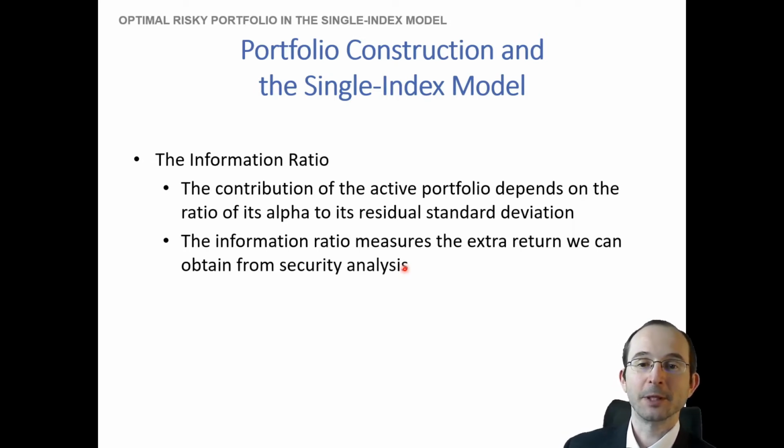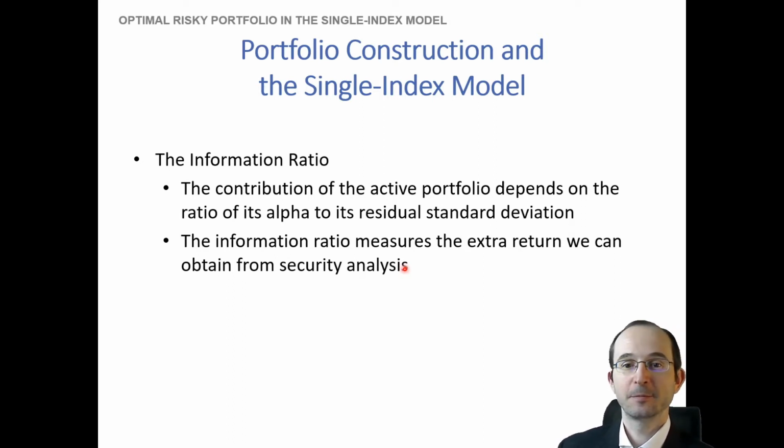And of course, if we did a worse job and we underperformed the passive market Sharpe ratio, our alpha would be negative. So this use of the information ratio essentially lets us diagnose the quality of our active stock picking, if we choose to engage in it, relative to the Sharpe ratio that we would get if we just followed the market portfolio.